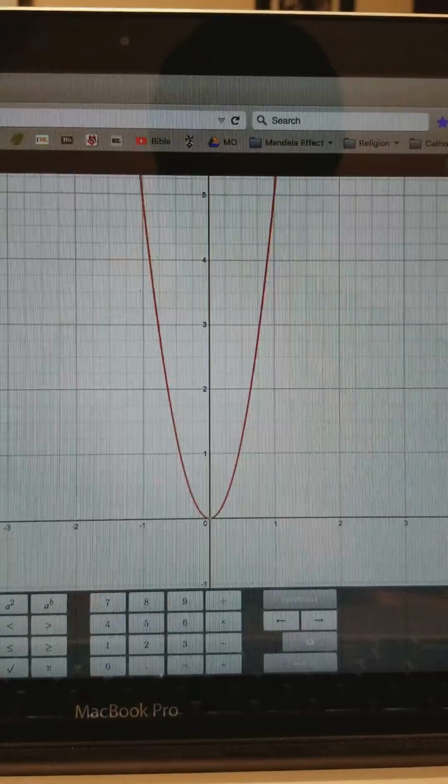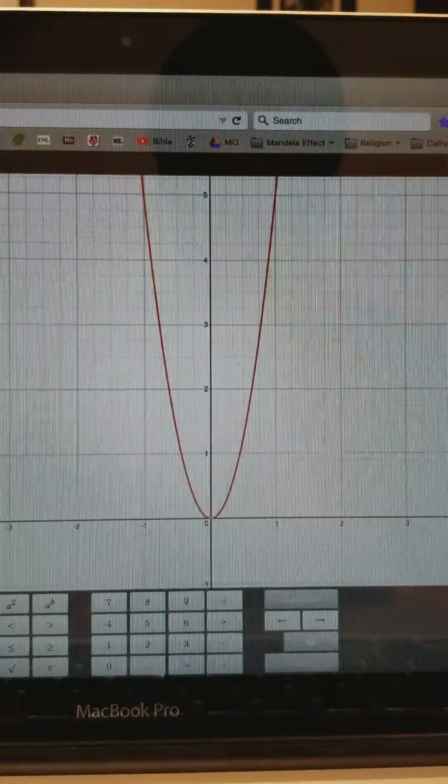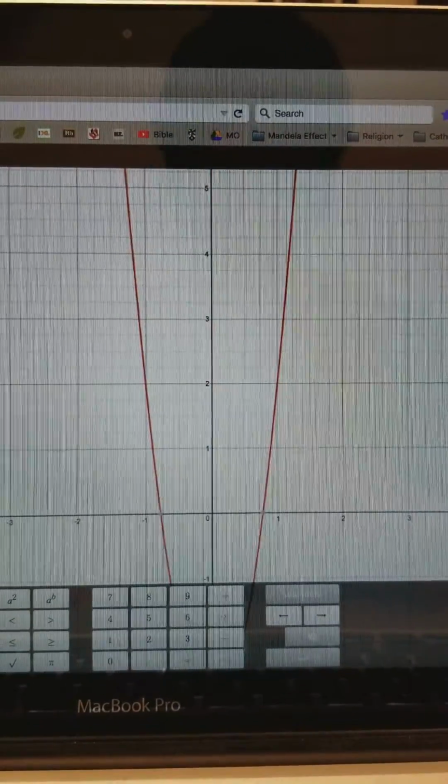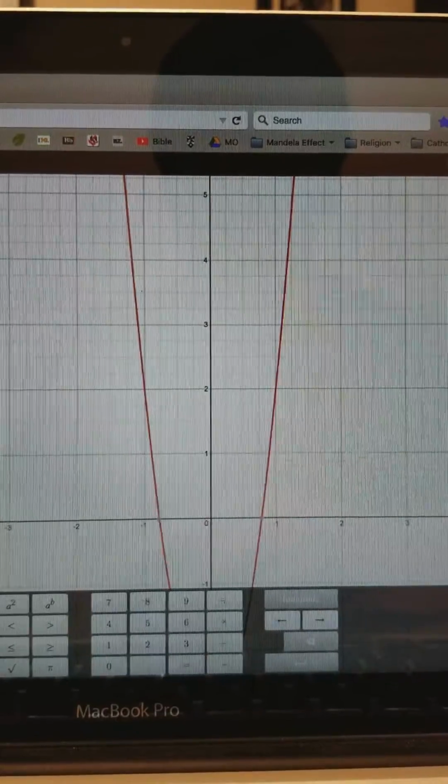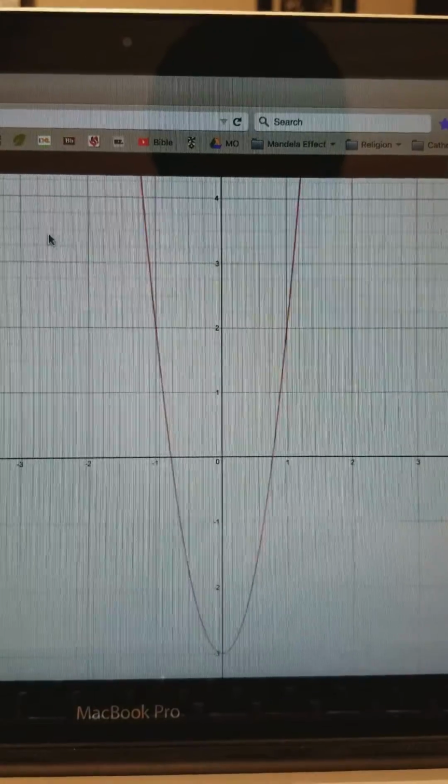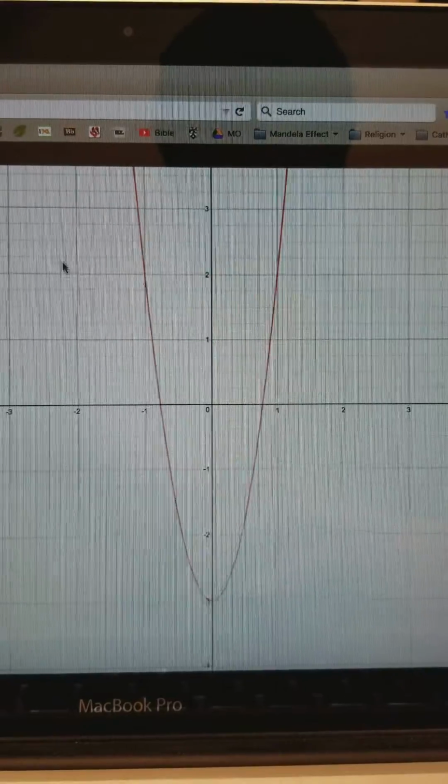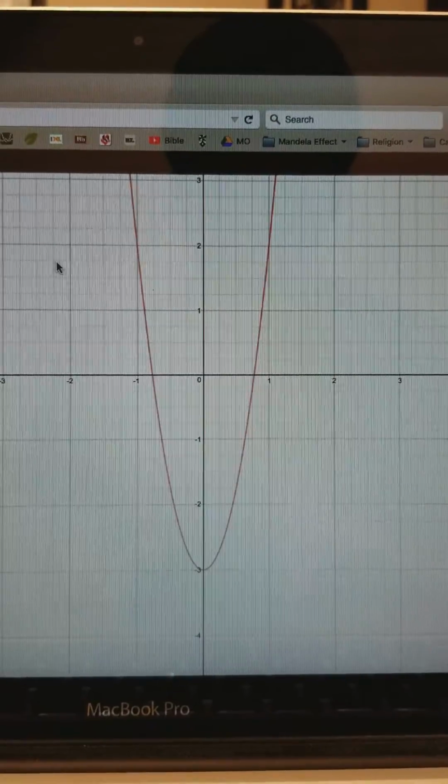And if I subtract 3, do minus 3 as my constant term, it shifts the parabola down. We can see that now the y-axis is actually at negative 3.